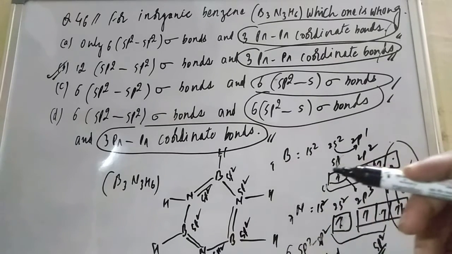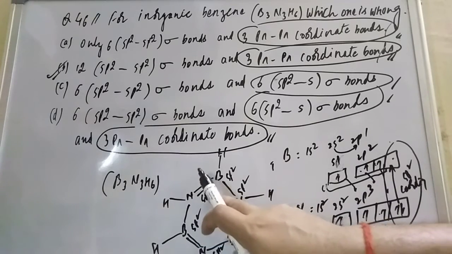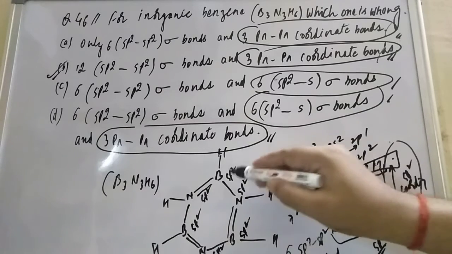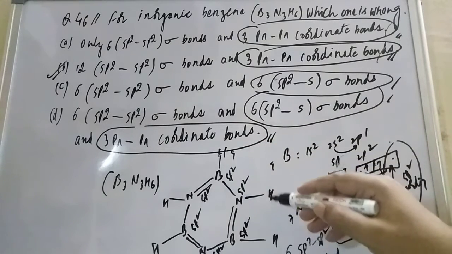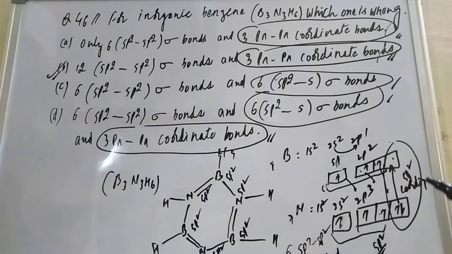If you go for D, 6 is correct for sp2, that is 2, 4, 6. According to the structure, only 6 sp2 sigma bonds are possible. 12 is not possible, because the hydrogen bonds are s with sp2. So 6 sp2-s bonds are possible, but 12 is not possible. So option B is correct. Okay, friends.